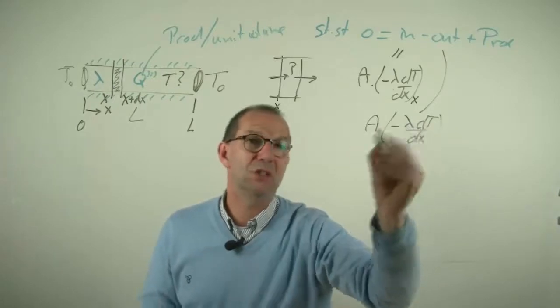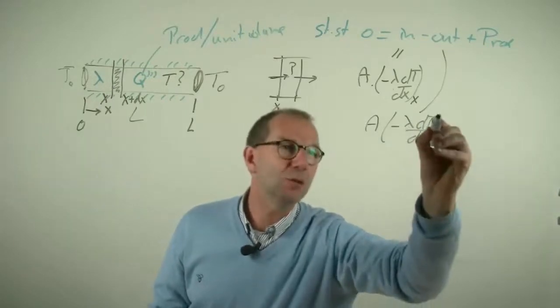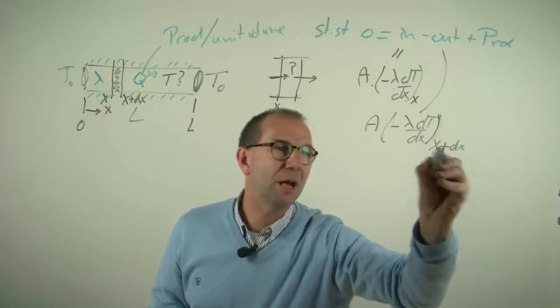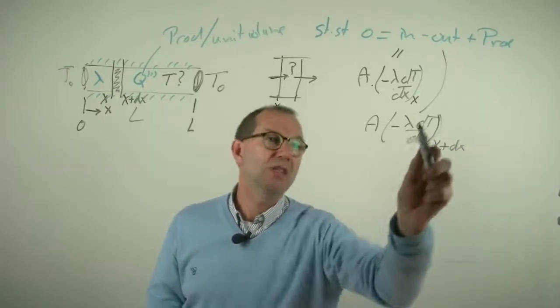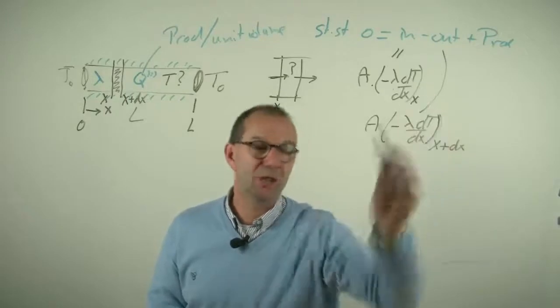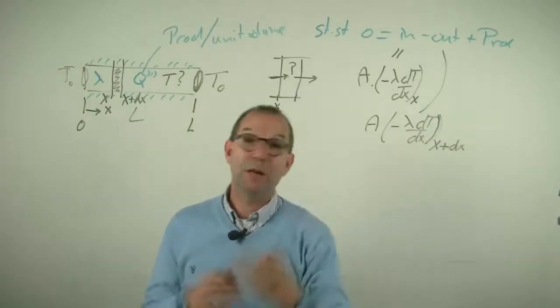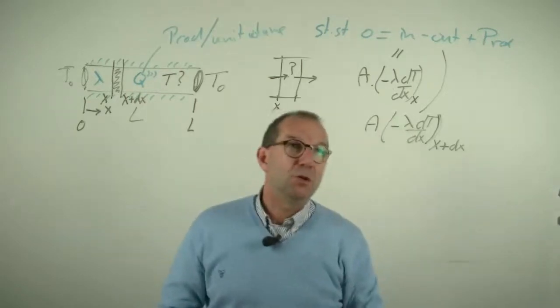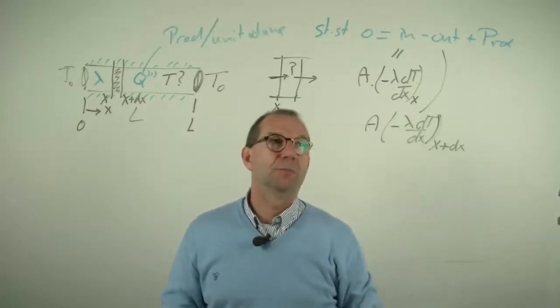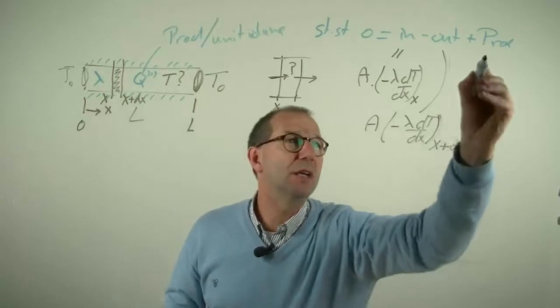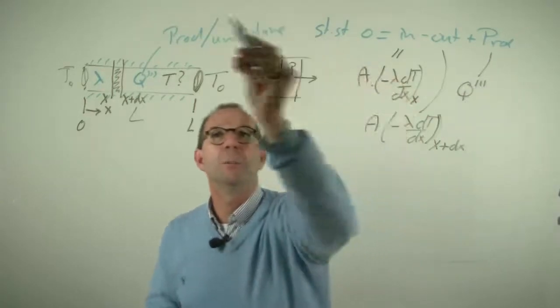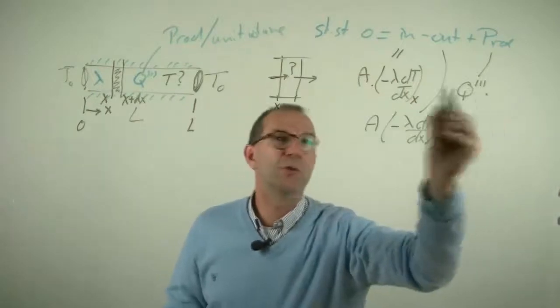But whether numerically it's the same is to be seen, because I need to evaluate this at a position slightly to the right, x plus dx. It doesn't say that these two are the same. It can be higher here than there, or the other way around. Then finally I need to give the production. Well, the production is equal to the production of heat per unit volume times the volume that I have.